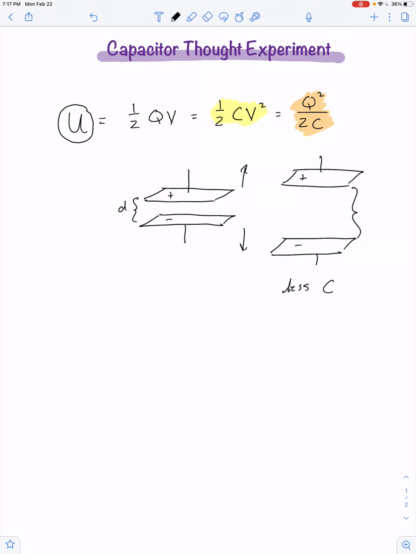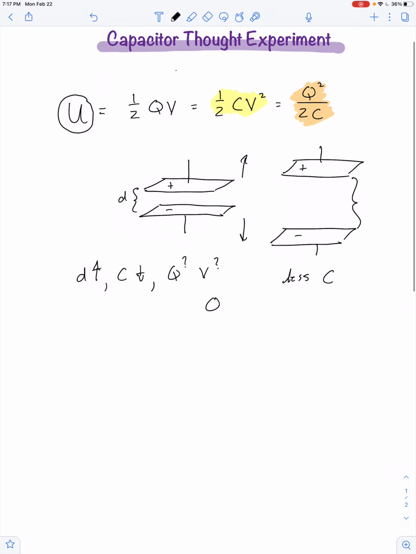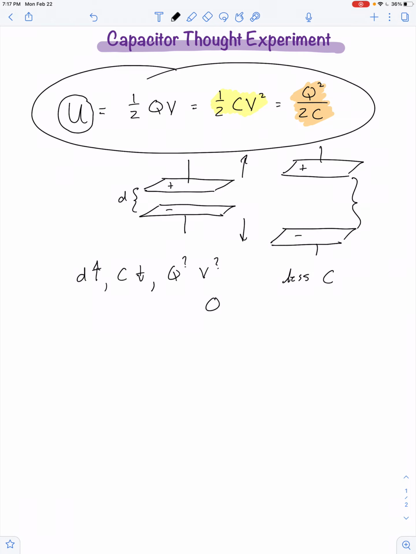Well, the problem is we haven't really determined which quantity remains constant in that process. As the value of D goes up, we know the value of C goes down, but we don't know anything about the value of Q or the value of V. And those are the other quantities we have to take into account when considering these equations for energy.